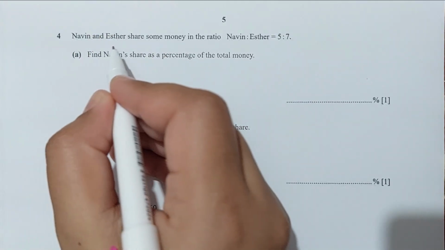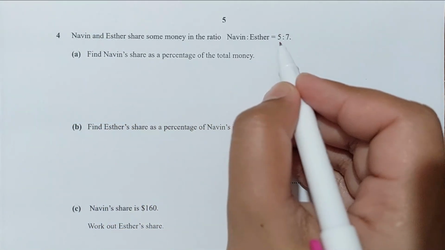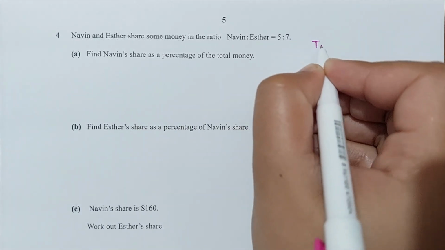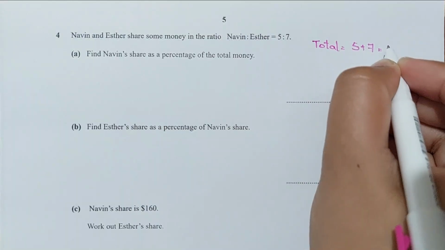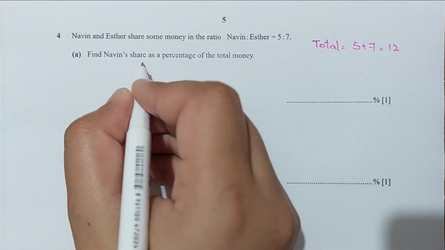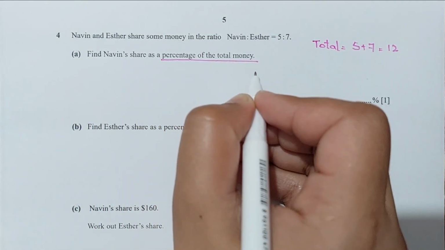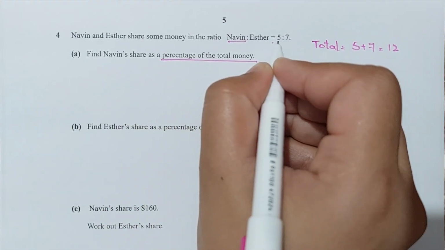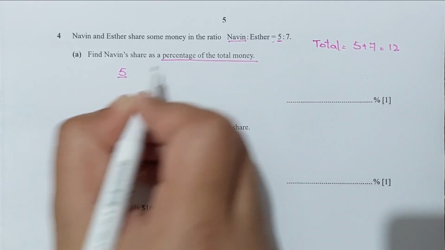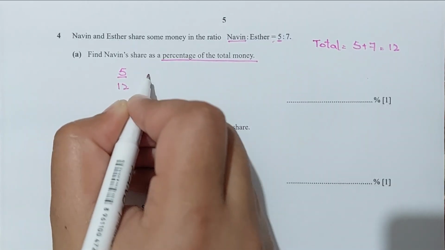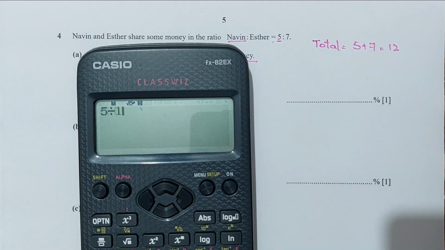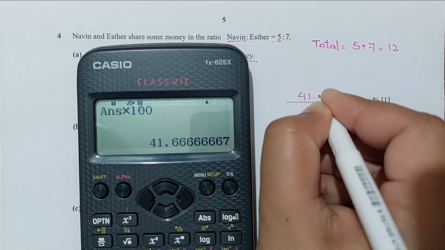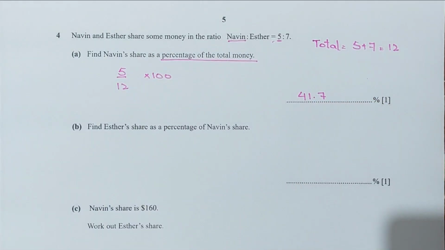Question number 4, Naveen and Ether share some money in the ratio Naveen to Ether is 5:7. So the total is 5 plus 7, which is equal to 12. Part A, find Naveen's share as a percentage of the total money. Naveen's share is 5 out of the total 12, and for percentage you have to multiply by 100. 5 out of 12 times 100 is 41.7%.